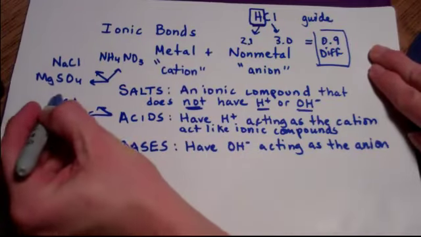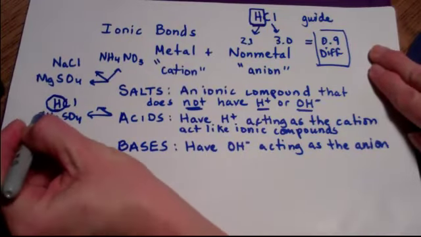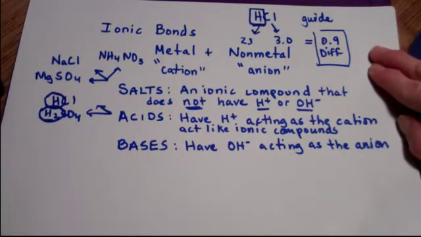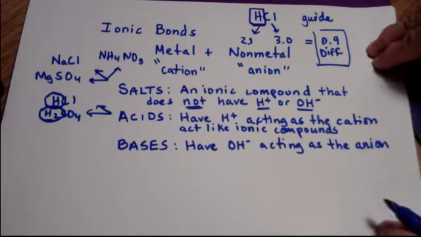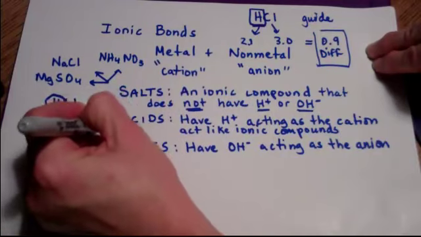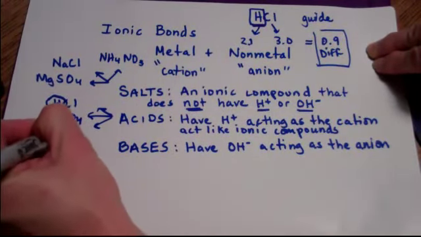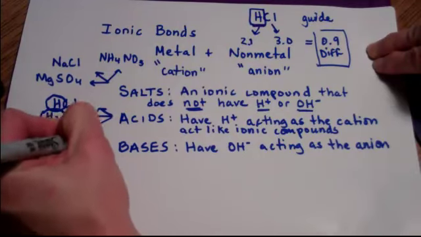If the hydrogen is located in the cation position and it's located first, it typically is behaving like the ionic compound and it will behave like an acid. The only acid that we don't see written in that format is acetic acid, CH3COOH.